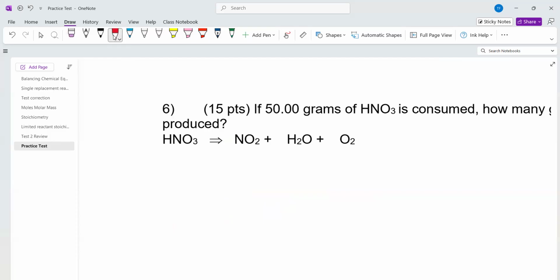Okay, let's put a 3 there now. Things didn't work out with a 2, let's try a 3. Okay, so we have 3 H's, 2 H's, 3 N's, 1 N, 9 oxygens, 5 oxygen.